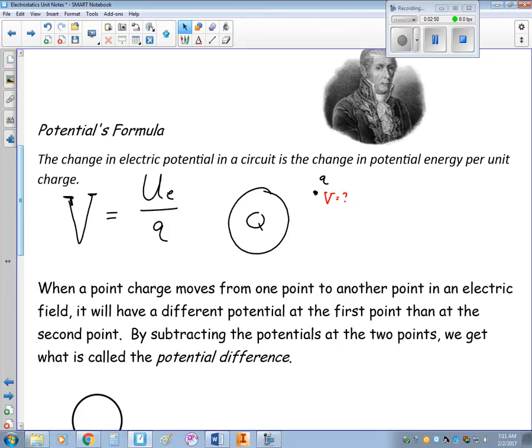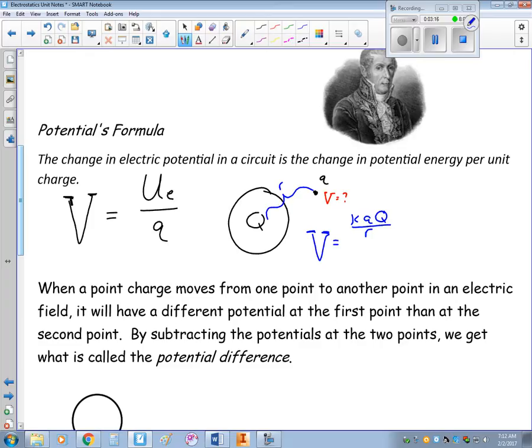So since electric potential is the electric potential energy per unit charge, remember that electric potential energy is Coulomb's constant times the first charge times the second charge over R. So in this case, R would be the center of the big Q to the center of the lowercase q.